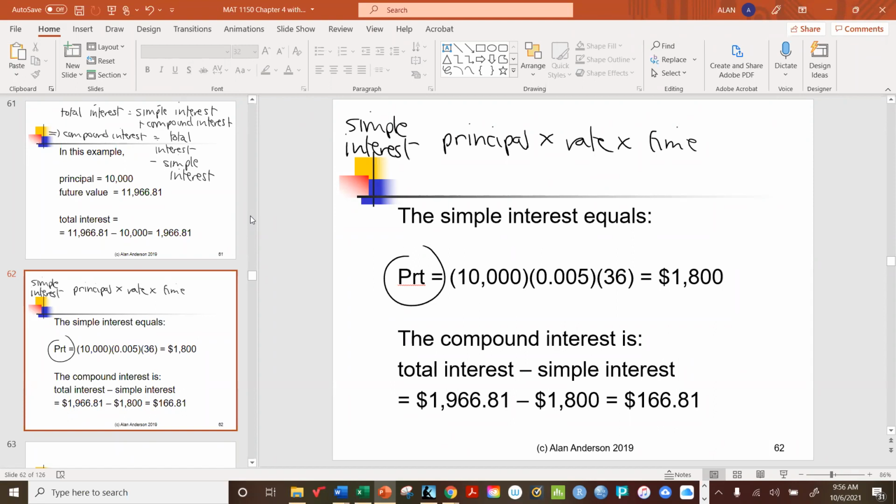In this case, since we borrowed the money for 3 years, or 36 months, we paid 0.5% worth of interest every month on a principal of $10,000. That means we were charged $1,800 in simple interest. The rest of it is compound. So you subtract the two, and what's left over, $166.81, is our compound interest.